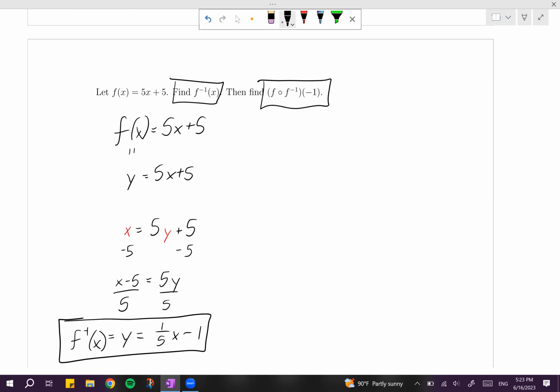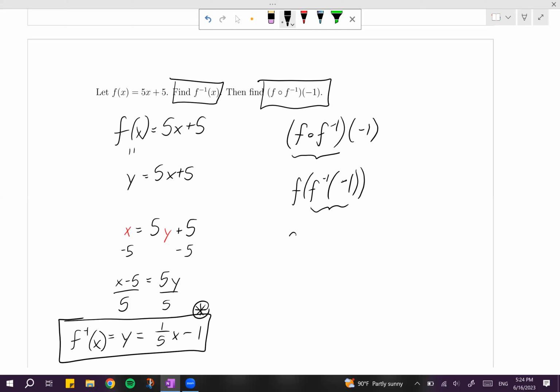All right. And then it wants us to do f composed with f inverse of -1. So let's look at what f composed with f inverse is first. F composed with f inverse of -1. F inverse of -1 means we're going to take -1 and plug it in here.